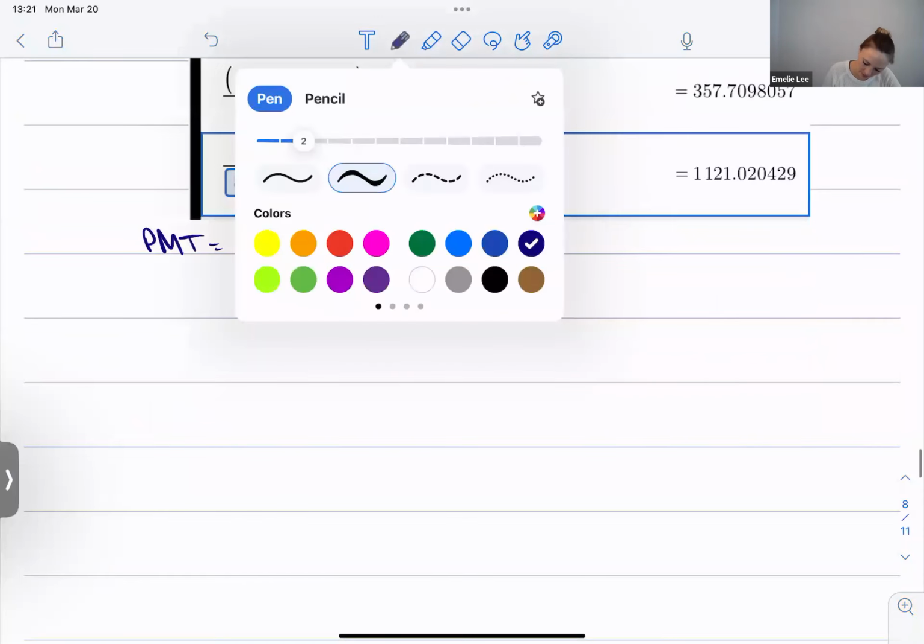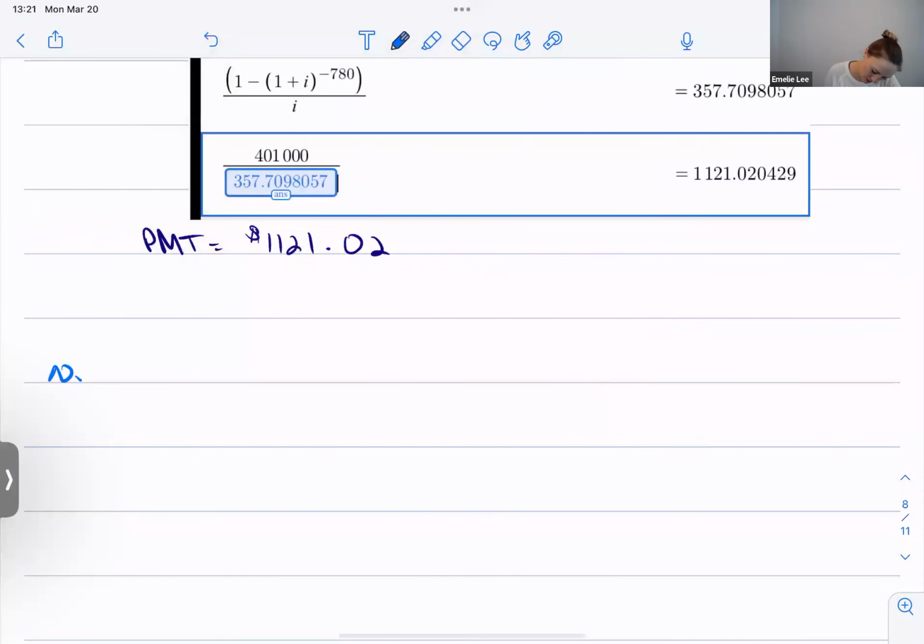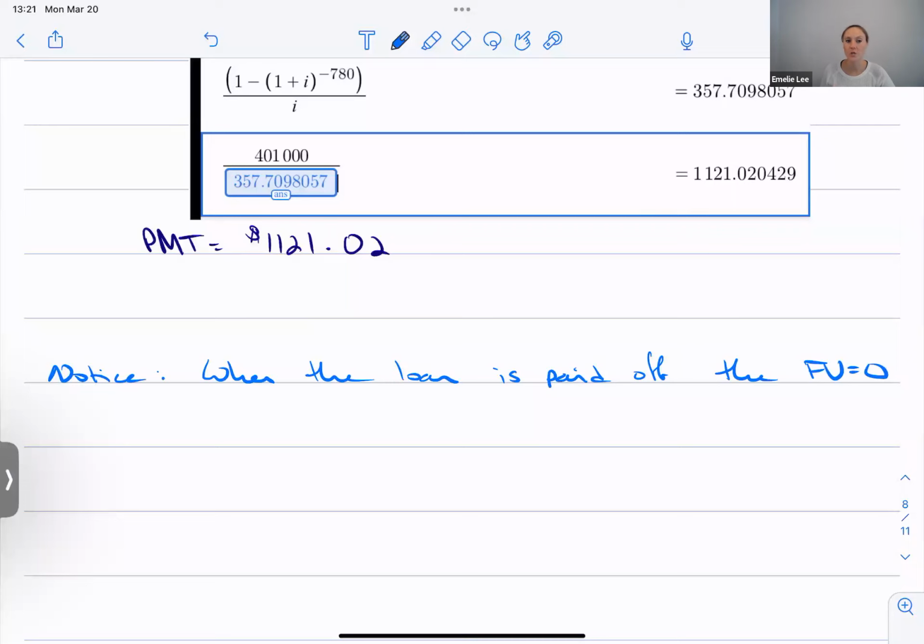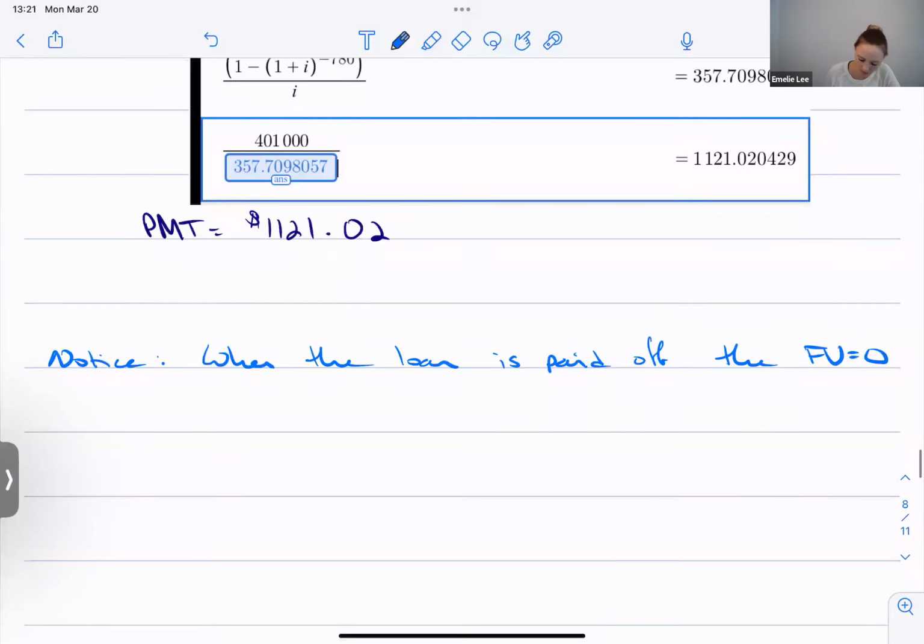So here, what I want you to notice, when the loan is paid off, the future value is 0. So that's why it doesn't appear in the formula. When the loan is paid off, the future value is 0, which is why it does not appear in the formula.